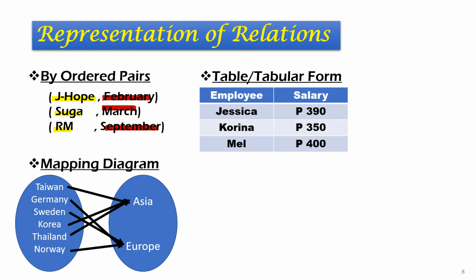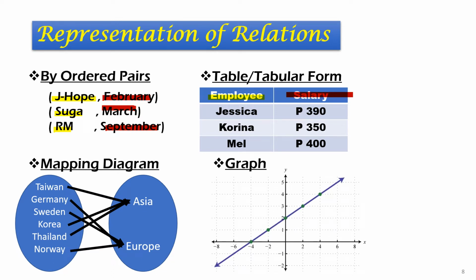Okay, so here are the employees, Jessica, Karina, and Mel, and their corresponding salary. So our X value is the employee, and our Y values are the salary. Okay? We also use a graph in representing a relation. Okay? So that is an example of a straight line, or the graph of a straight line.